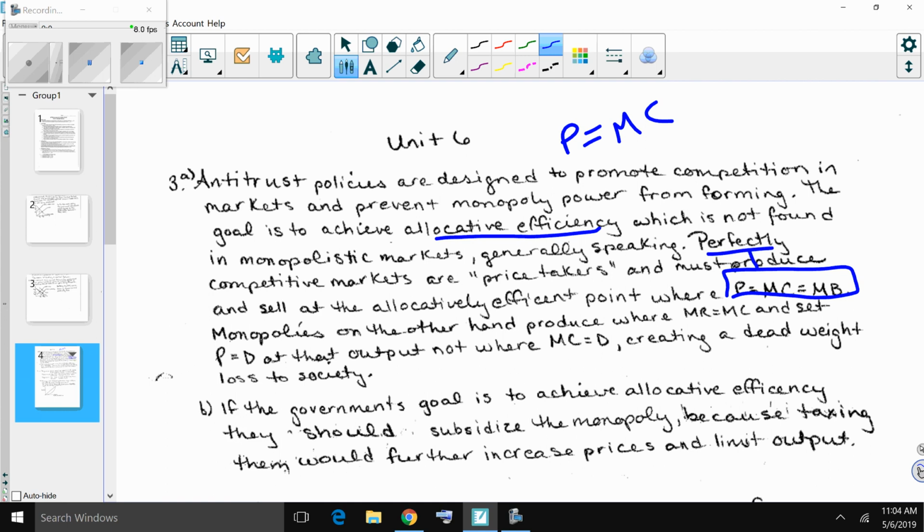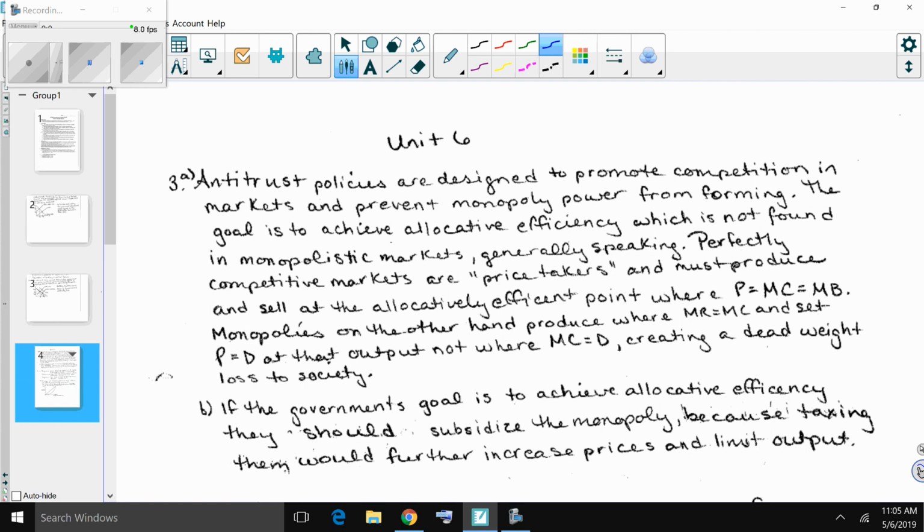Monopolies, on the other hand, produce where MR equals MC and set their price at their demand curve, so that output is not where MC equals D, and they have created a deadweight loss to society. If there is a deadweight loss, they are not allocatively efficient. Okay? Allocative efficiency means that we've maximized our consumer and producer surpluses. So if there's a deadweight loss to society, obviously that is not true. So they cannot exist simultaneously.